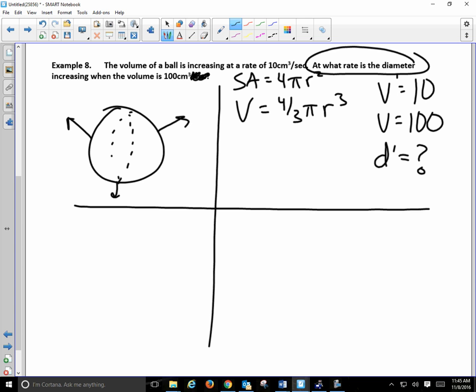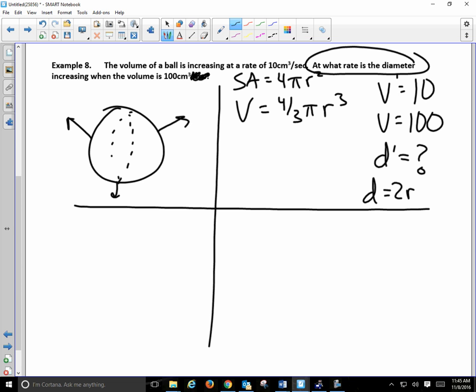Now, if I were to take the derivative of the equation I have right here, would I come up with a d prime or an r prime? Well, that's problematic, isn't it? So maybe I could write an expression for d. Isn't the diameter equal to 2r?